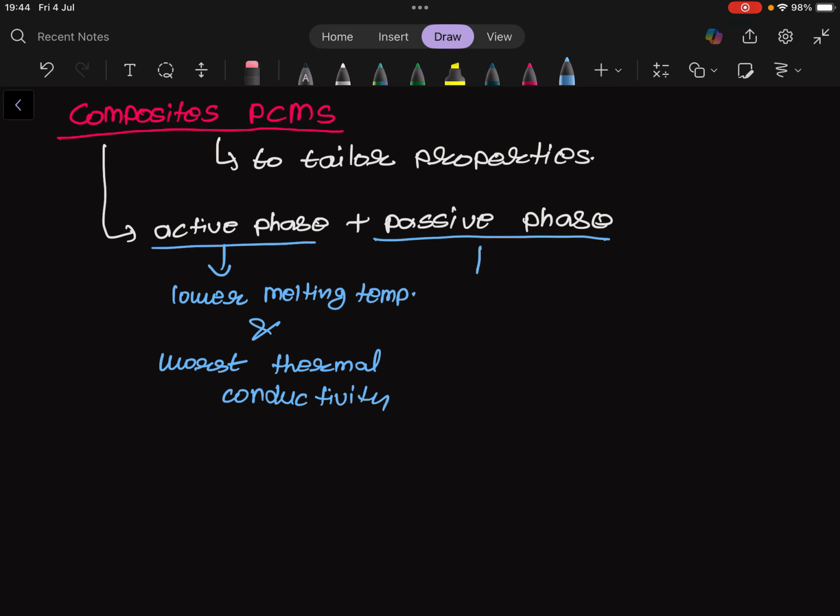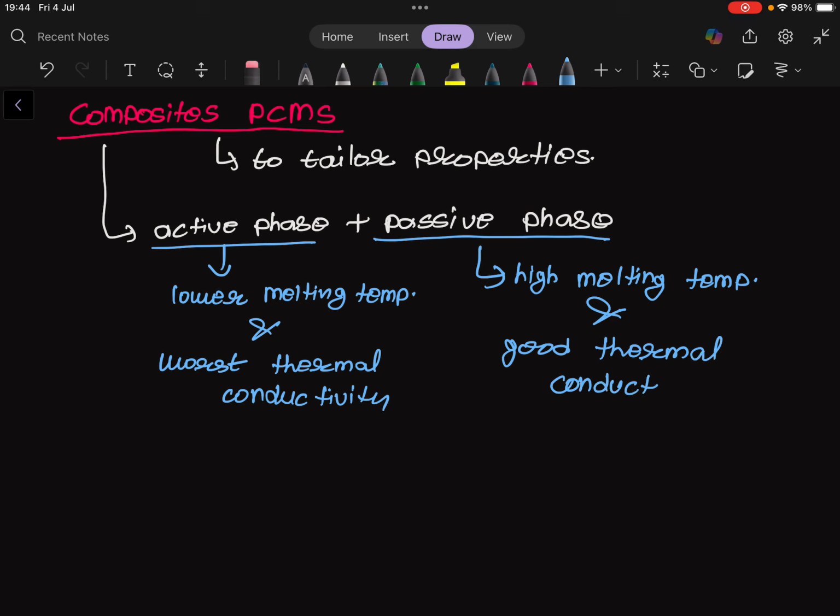The passive phase has high melting temperature and good thermal conductivity. So basically we are coupling the material with worse thermal conductivity to the material with good thermal conductivity to keep the temperature as stable as possible.